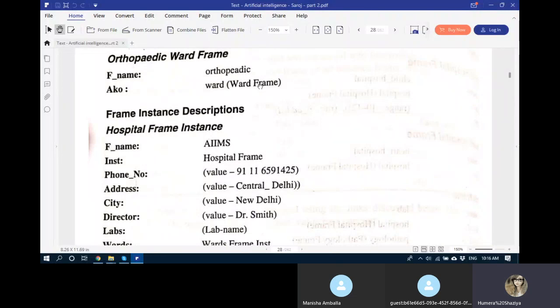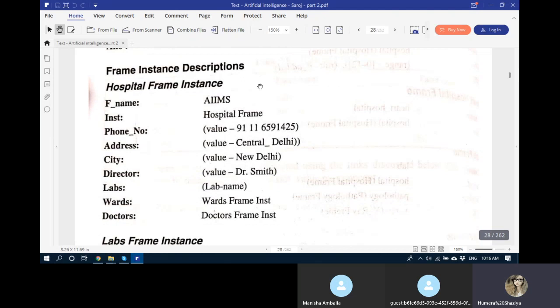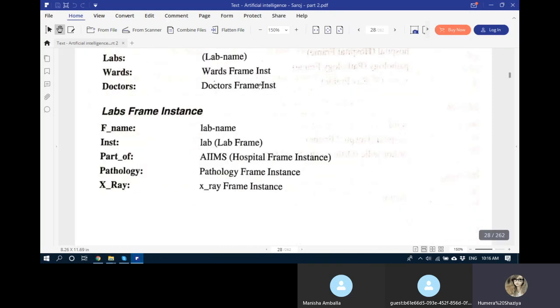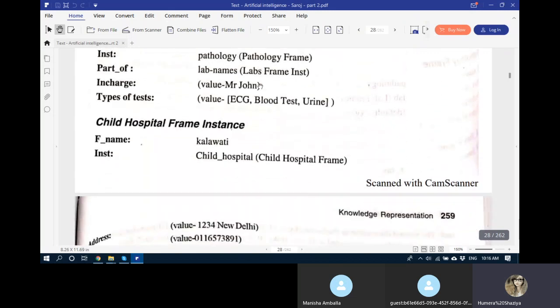Hospitals will have different branches or different specialized units. So these may be among them. And this is the hospital frame instance, a particular hospital's details and particular lab details, pathology, child hospital.